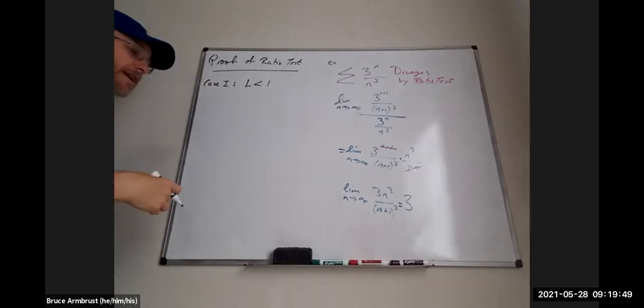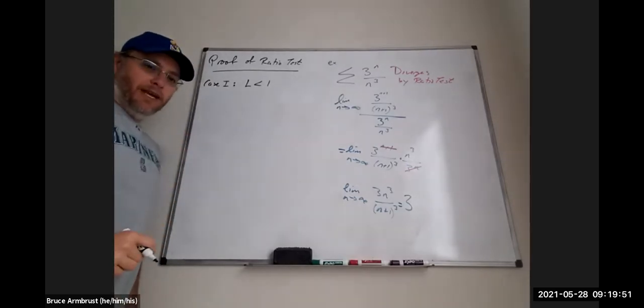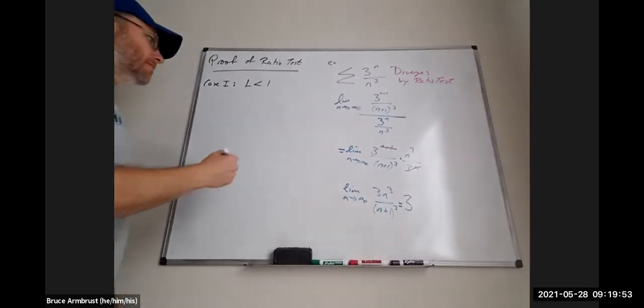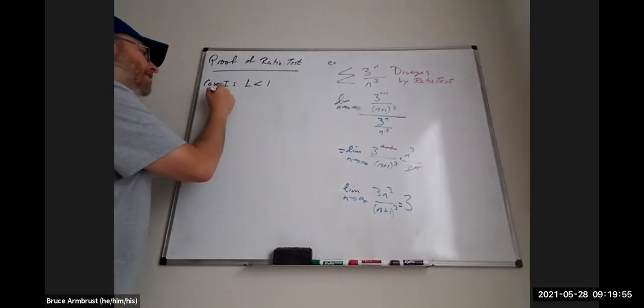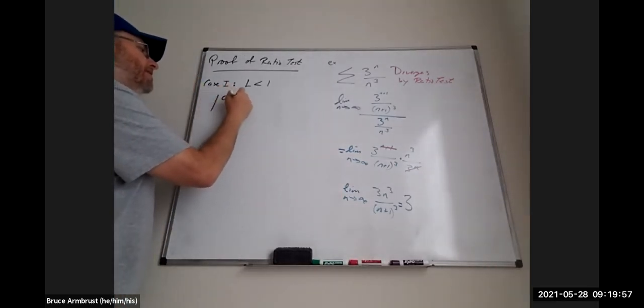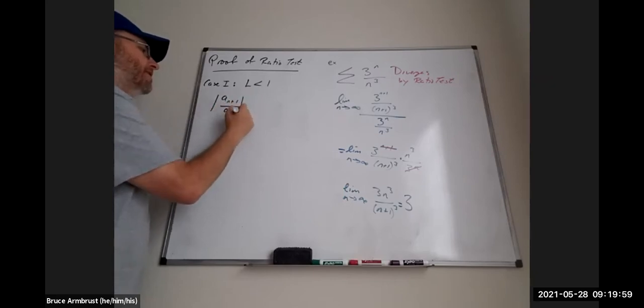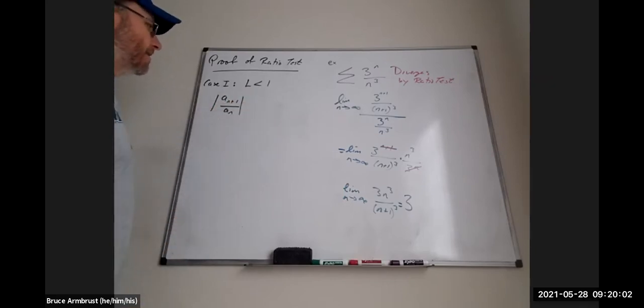And I want to show you that if that's less than 1, we get convergence. All right, so that means that this thing, a sub n plus 1 over a sub n, as we go towards infinity, it goes towards L.